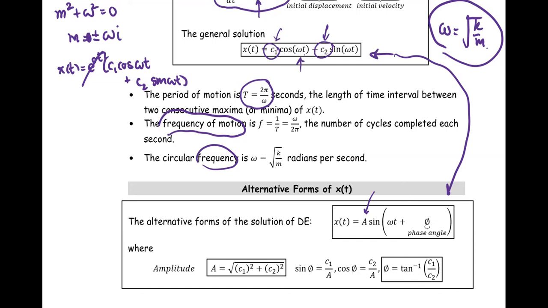Omega is the same as omega of the original solution form, but the A and the phi are based on c1 and c2. So the conditions, x at 0 and x prime at 0, are the critical part that is going to give you the correct numbers c1 and c2.